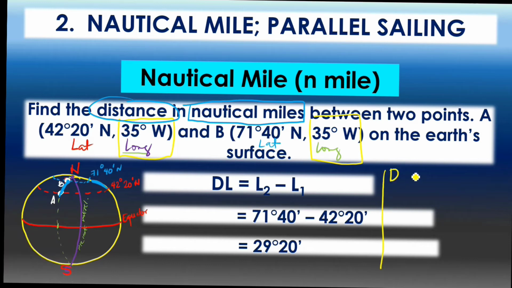So since the difference in latitude is 29 degrees and 20 minutes, this one doesn't have a direction, whether the difference in latitude is north or south, because what is being asked here is the difference. So what is the difference in latitude between? Okay, between. So there's no sailing or traveling yet from one point to another, no. What is asked is the distance between.